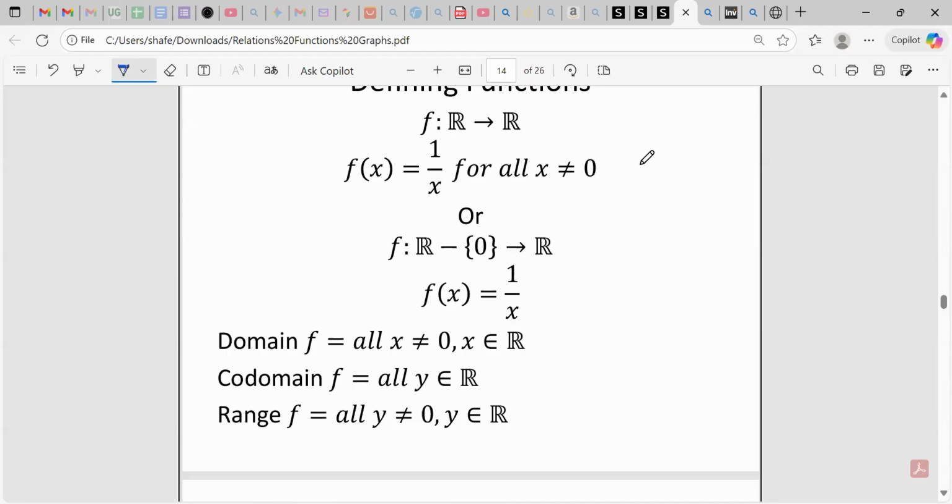That's one way of writing it, and this is an alternative way of writing it. Your domain is all non-zero real numbers. Your codomain, you can say all y is an element of R, all the real numbers. But for the range, y must not be equal to 0. It can be any other number but 0. And why I say that, if you know this graph, anybody know this graph? It looks like this.